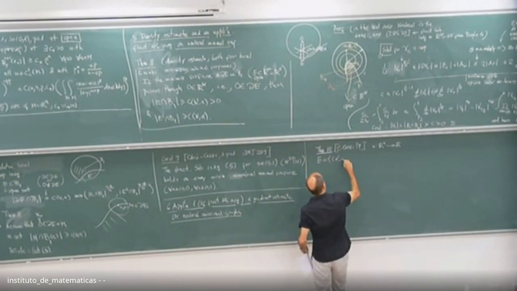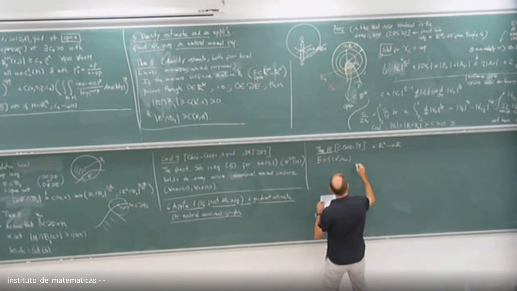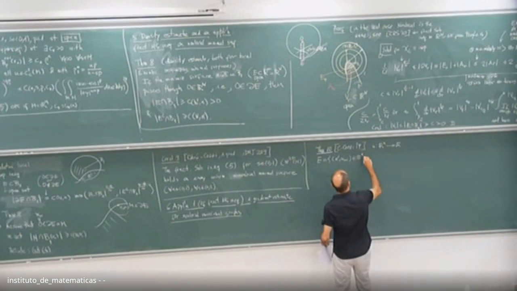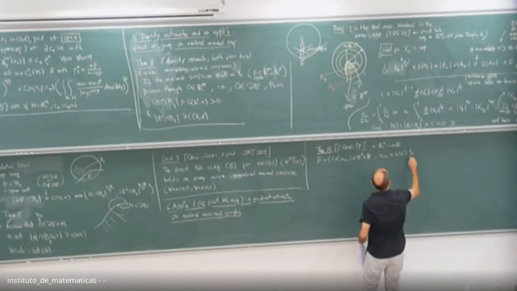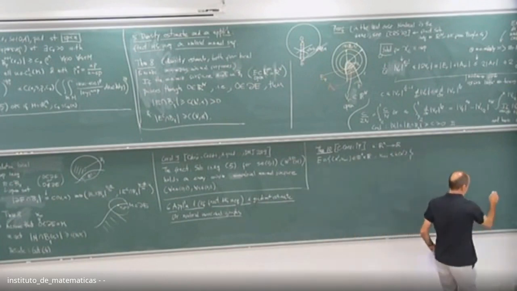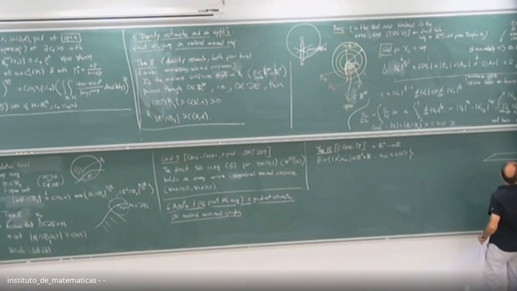I'm going to be in R^(n+1), and I'm going to look at the subgraph, x_(n+1) less than u of x'.